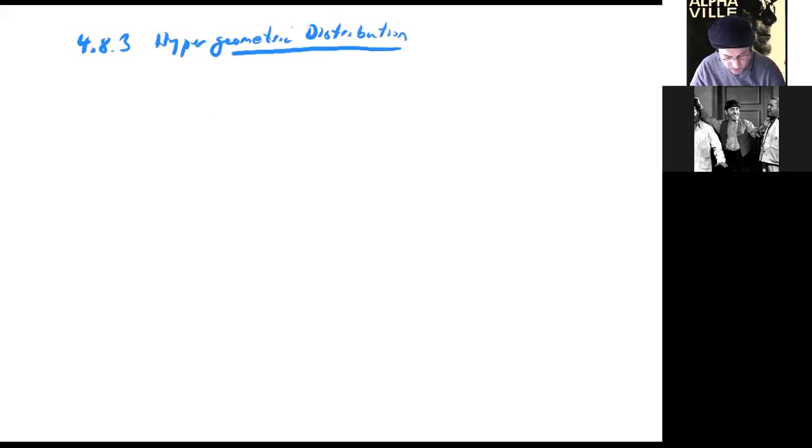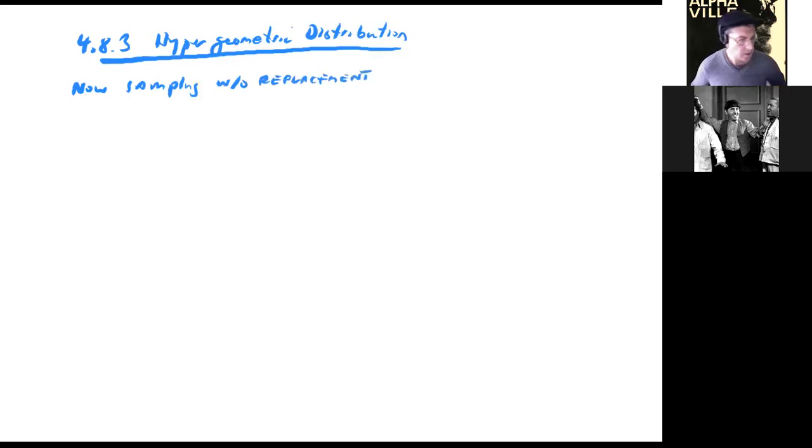The key difference between this one and the previous ones we've been discussing has to do with the fact that now we are sampling without replacement. Okay, so it's not a Bernoulli trial. The experiment is changing each time it's being performed.